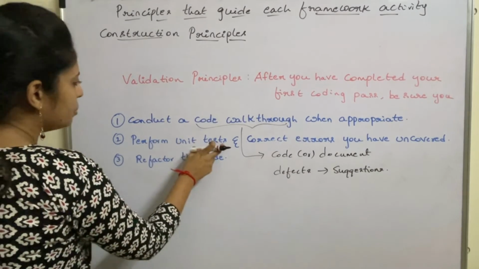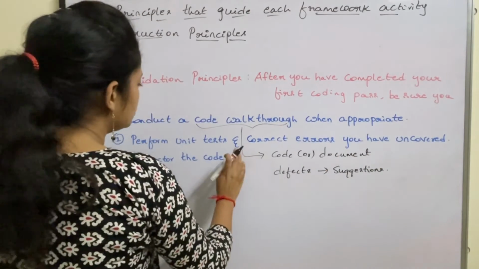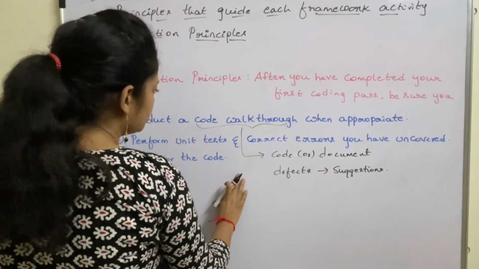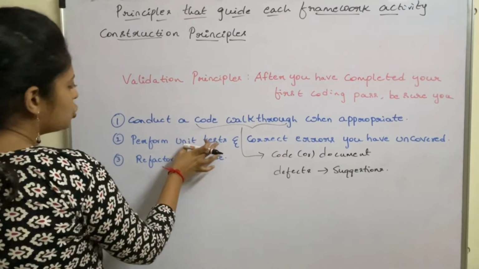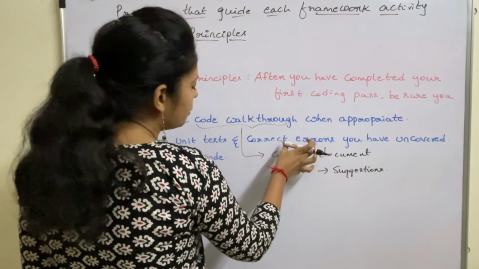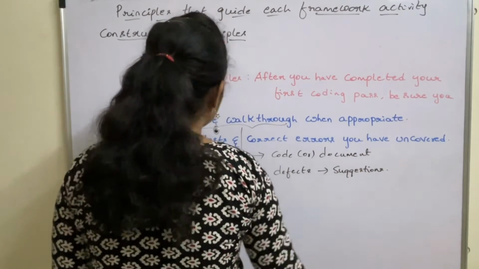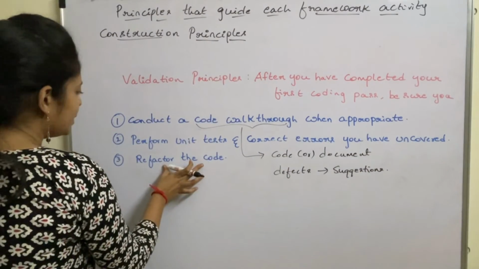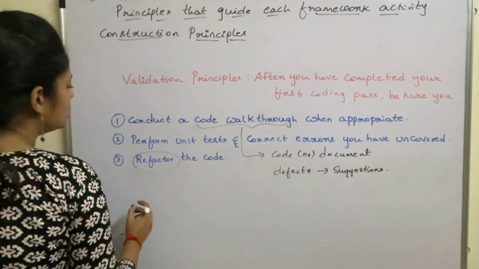And then perform unit tests and correct errors you have uncovered. First generate code for one module. Once it is done, unit testing should be applied on that module. If you find any errors, correct those errors that you have uncovered. Next, finally refactor the code. Refactoring is nothing but improving the code.